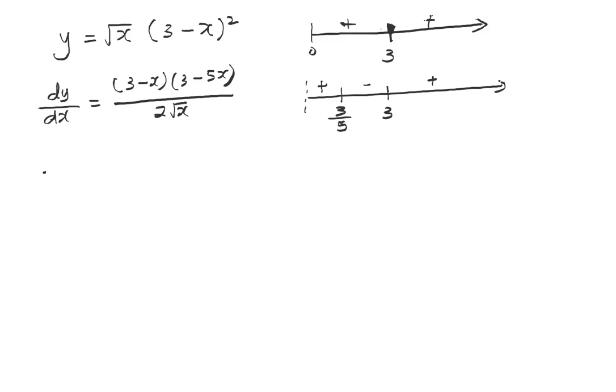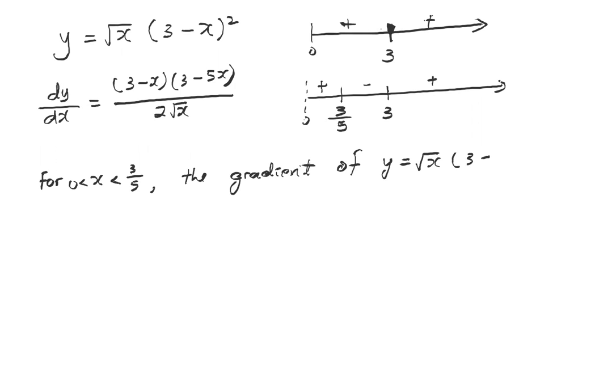For x between 0 and 3 over 5, the gradient of who? Gradient of y equal to square root of x times (3 - x), the whole thing squared, is positive.